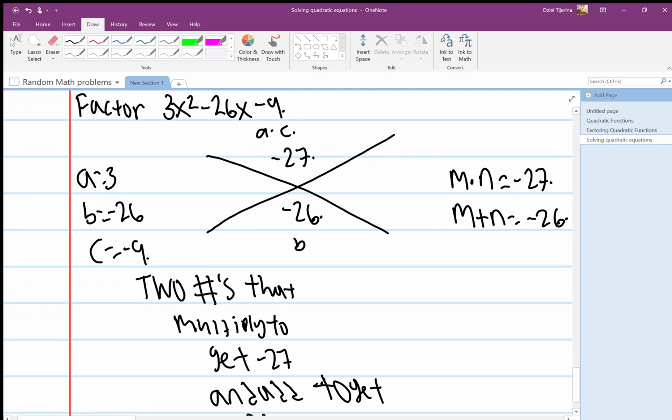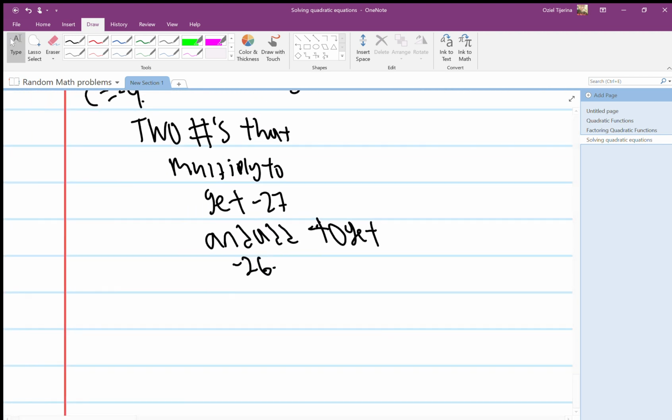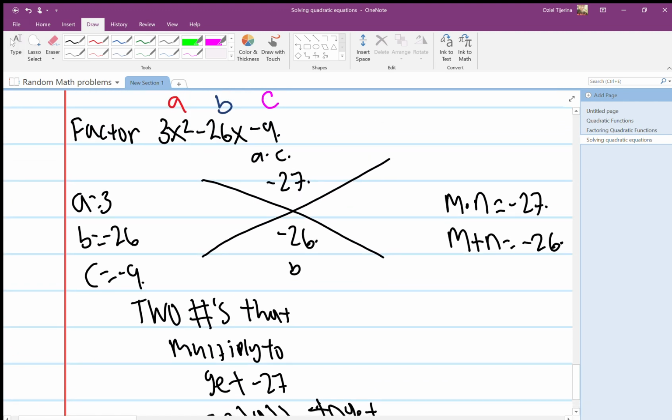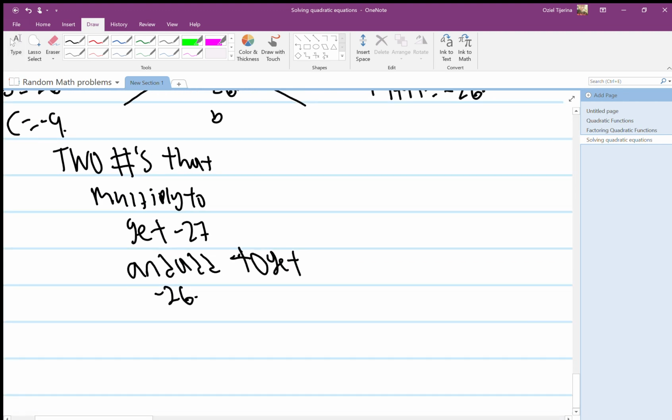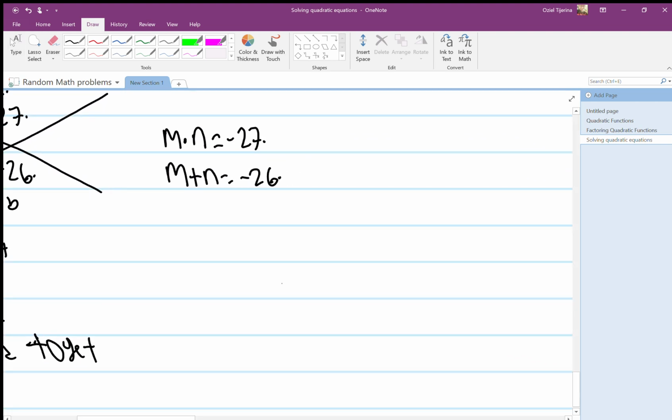I tried doing that I think in the other video, and it wasn't working. So basically, we're gonna first do our factors of negative 27, okay? So we have negative 27 and 1, negative 3 and 9, and then I believe that's it.